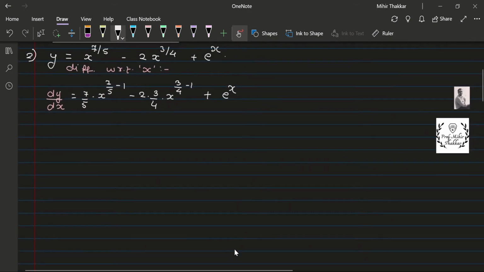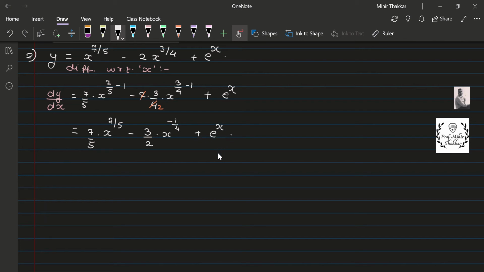Then, in order to simplify, we will write 7 by 5. When I take the LCM, it becomes 2 by 5. I can cancel off these both elements, so this will become 3 by 2. x raised to 3 by 4 minus 1 gives me minus 1 by 4, plus e raised to x.